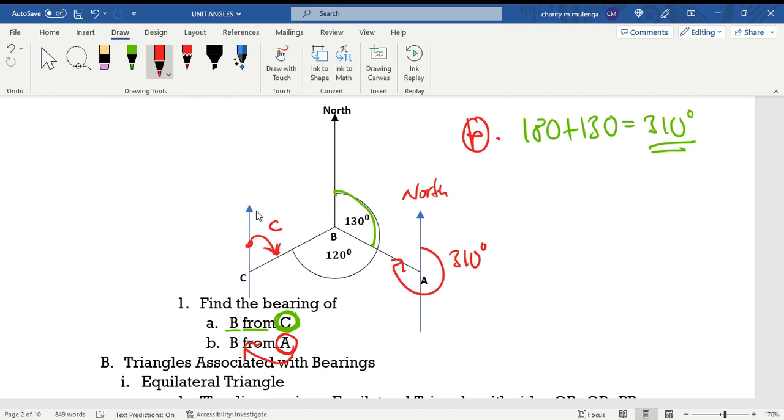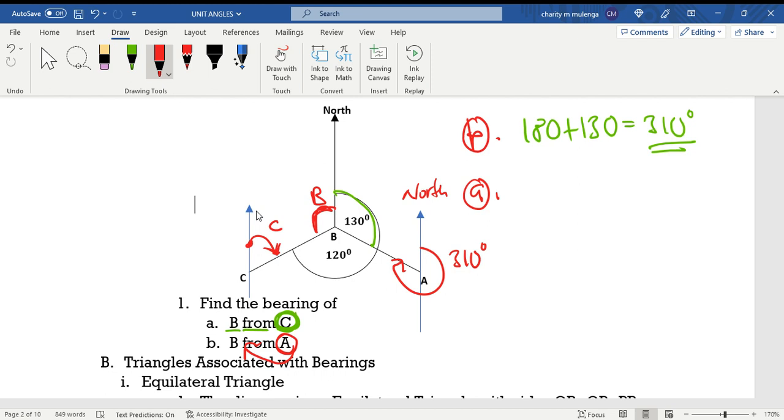Angle at C there, or the bearing? Well, it's very easy. All we have to do firstly is we must get this angle here first. That was the secret. So first we have to get the angle here at B first. When you get the angle at B, you can find the angle at C.